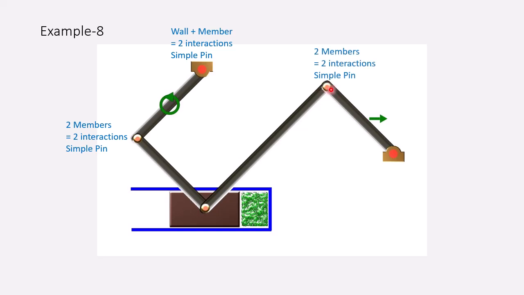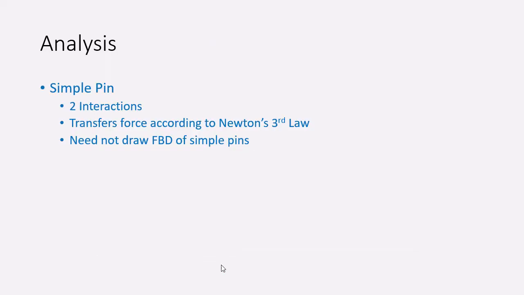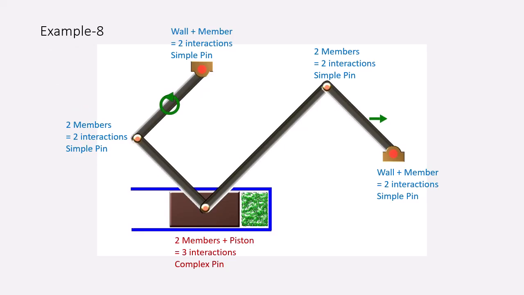Two members, simple pin. Wall and member, simple pin. Two members, member 1, member 2, and the piston. Three interactions at this pin, so it's a complex pin.